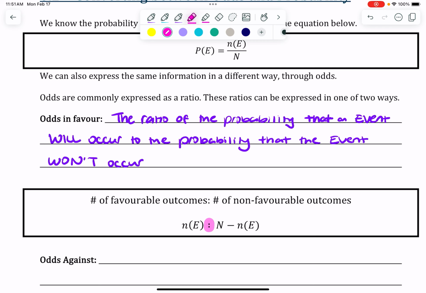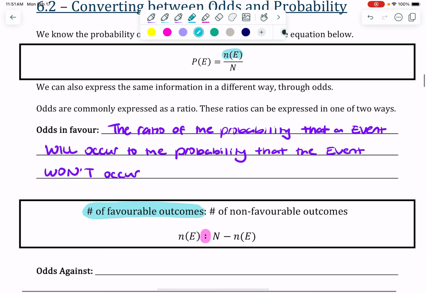For odds in favor, the number on the left of that colon represents the number of favorable outcomes, which in our probability formula is the numerator. So the number of favorable outcomes goes on the left. Along the right of that ratio is the number of non-favorable outcomes.